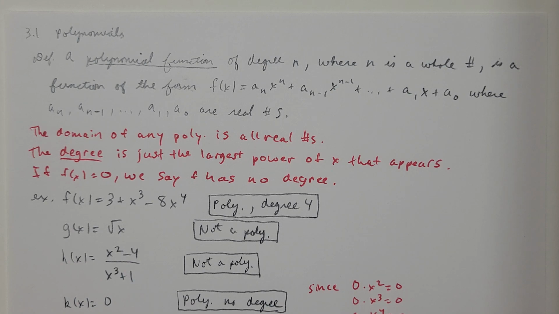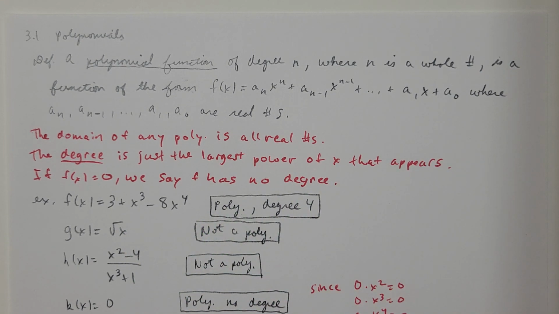The degree is just the largest power of x that appears. Okay, we'll do some things with degree here coming up. Now, if f of x is what's called the zero polynomial, the zero polynomial is the only polynomial that has no degree to it. Okay, and we'll look at why that is coming up here.